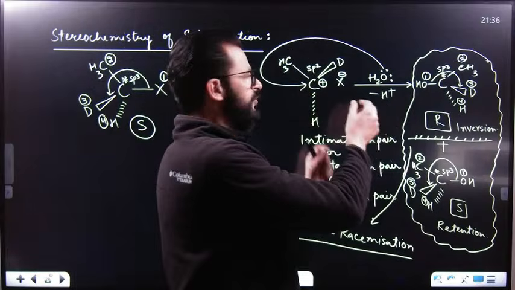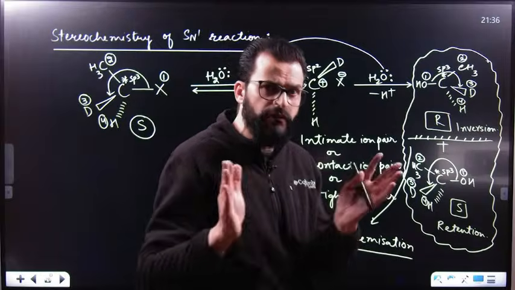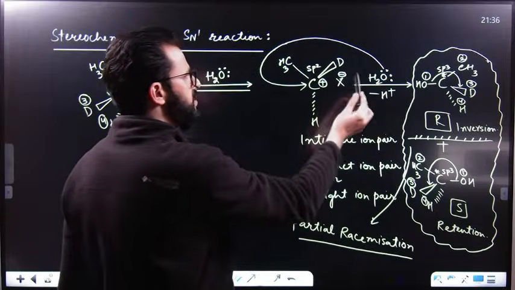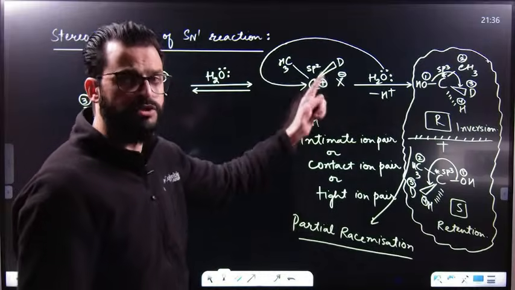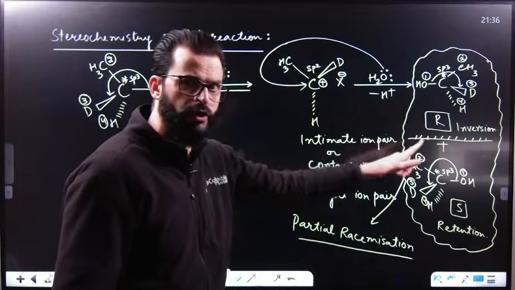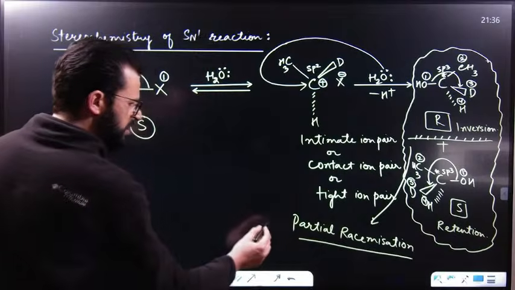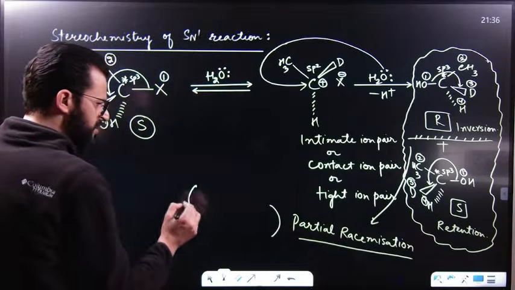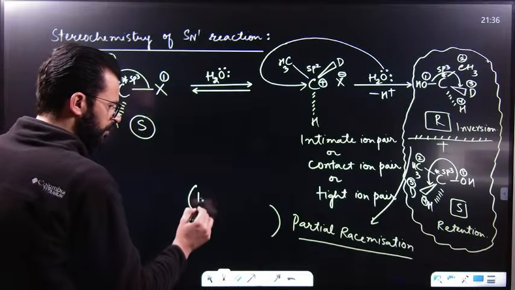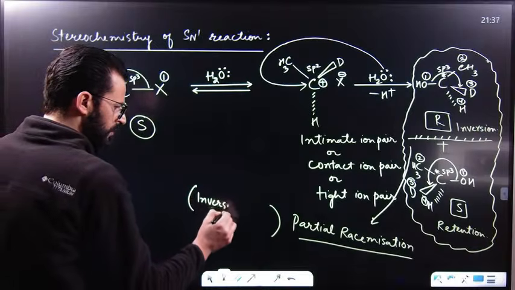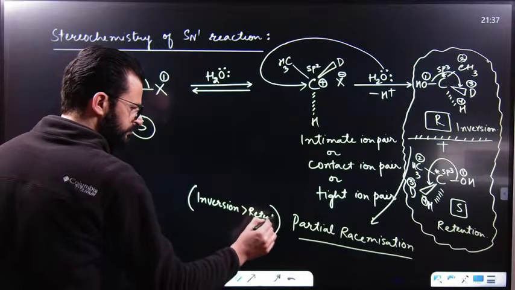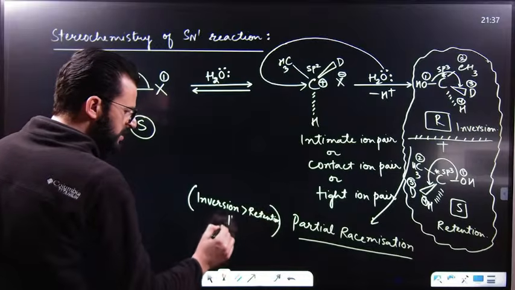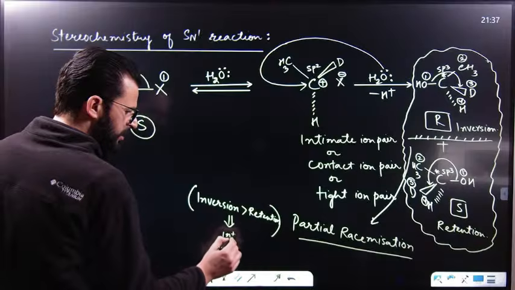After some time, when this ion pair is solvent separated, front side and back side attack will be equal. So in a nutshell, in total backside attack or inversion will be more as compared to front side attack. That's why this is partial racemization. So why does partial racemization take place? Because inversion is more than retention, and the reason is intimate ion pair formation.